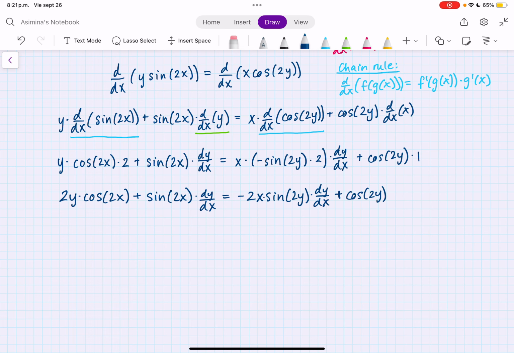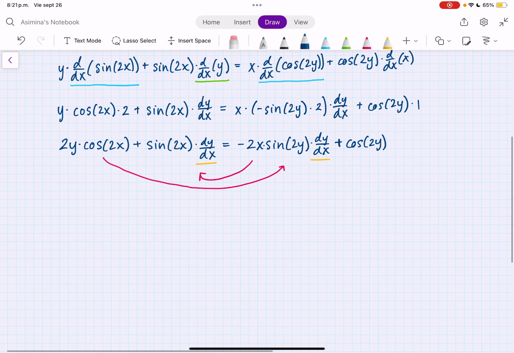So now we want to isolate the dy dx, so I'm going to add 2x sine of 2y to both sides, and I'm going to subtract 2y times cosine 2x from both sides.